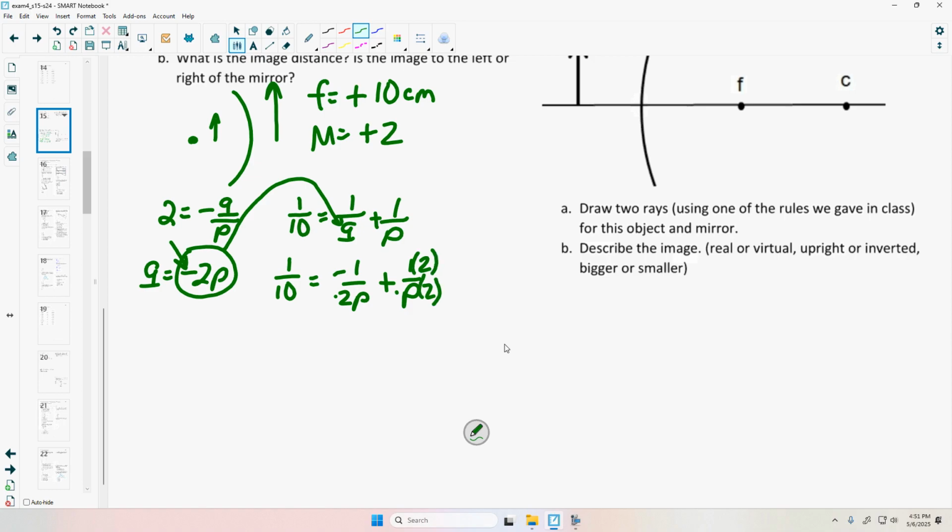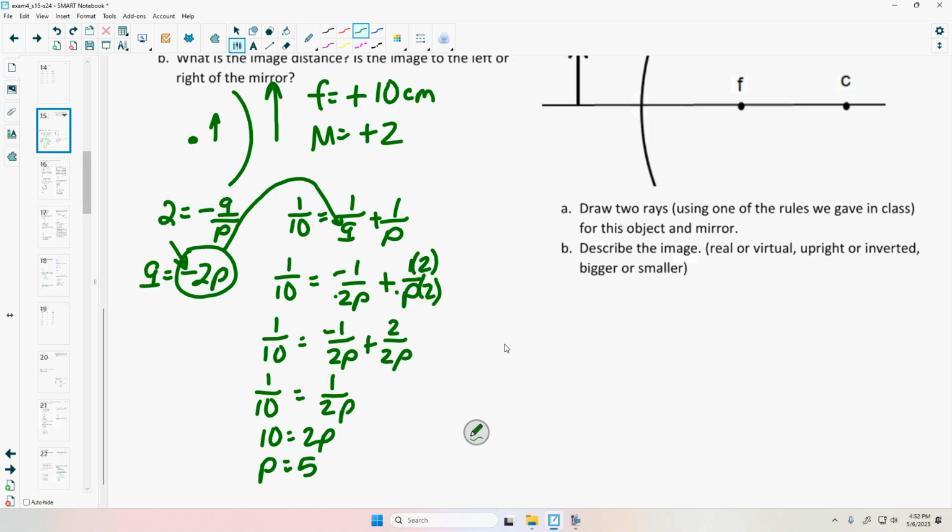And if I do that, my equation now becomes 1 over 10 equals negative 1 over 2P plus 2 over 2P. That's the same equation. I just found a common denominator, and I made that second part to have the same denominator as the first part, the negative 1 over 2P. So that's 1 over 10 is equal to 1 over 2P. Yeah, that's right. And then 2P, solve that, 10 is equal to 2P, P is equal to 5.